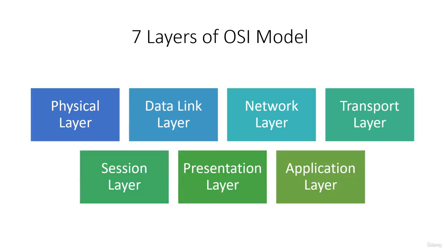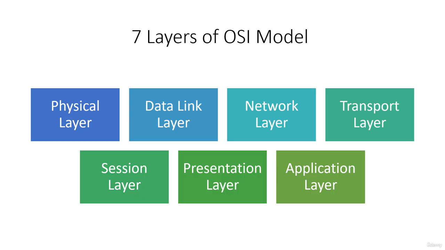So, as I told, the 7 layers. These are the 7 layers of the OSI model. The first one is the physical layer. The lowest layer of the OSI model is concerned with electrically or optically transmitting raw unstructured data bits across the network from the physical layer of the sending device to the physical layer of the receiving device.